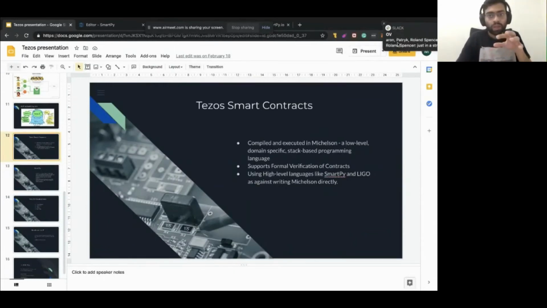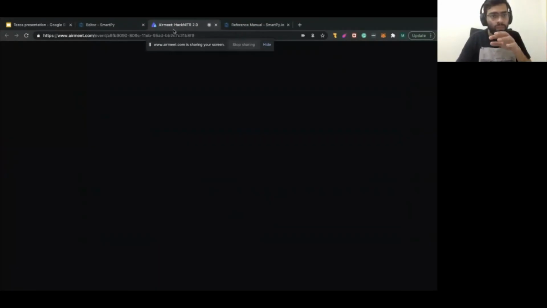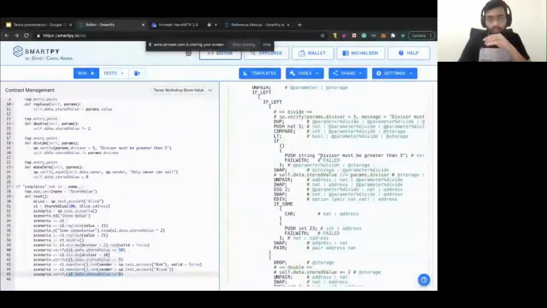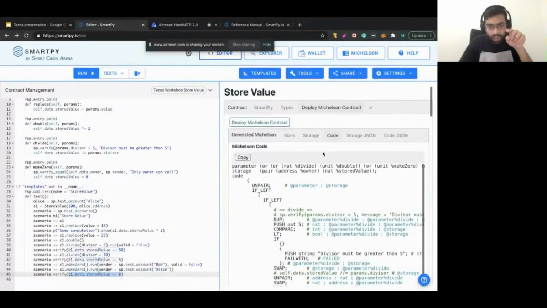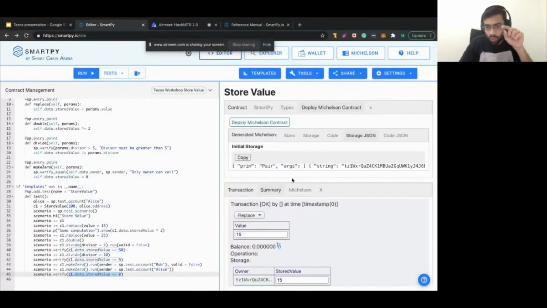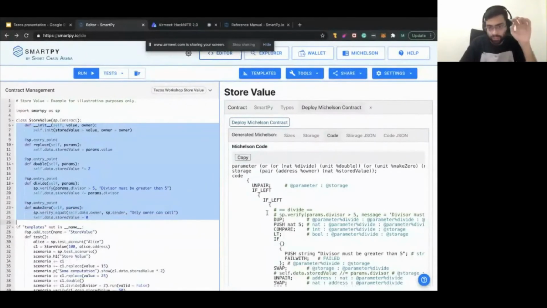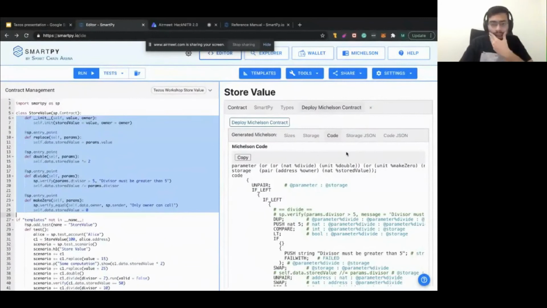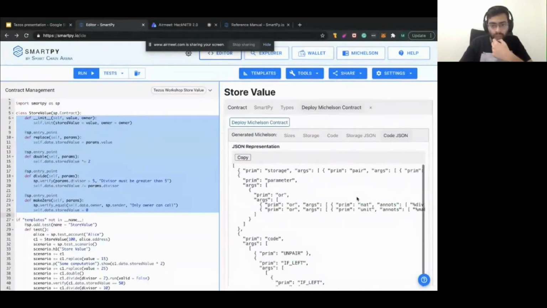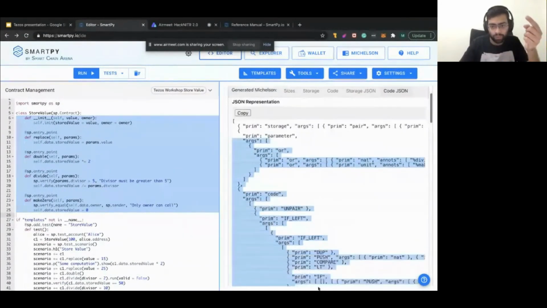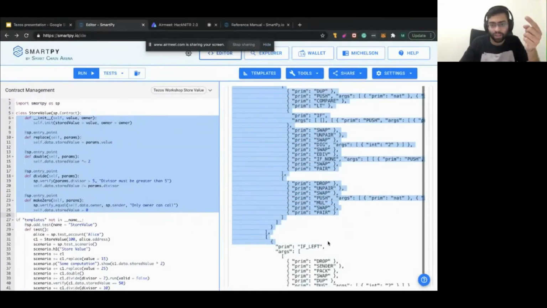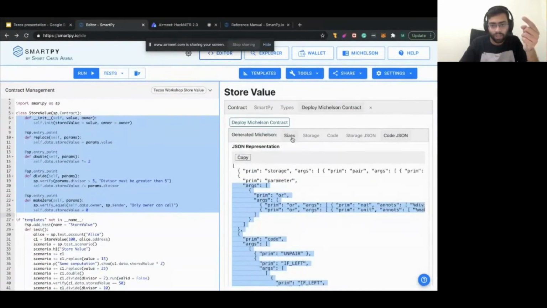This is the language, and it has a stack, right? And this is the storage. Basically what I'm trying to tell you is it's much easier to write and much more readable in SmartPy. So always write in SmartPy. And this is what is deployed on the chain. It's very hard for you to understand what this is.